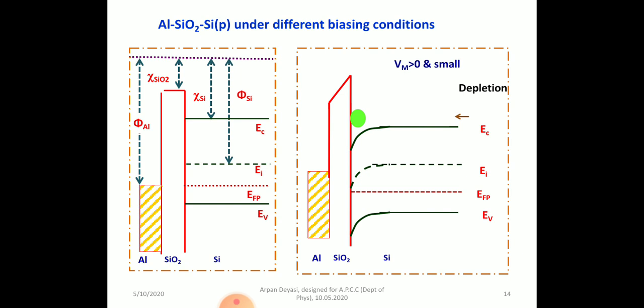I am not showing the animation of the Fermi level because it doesn't matter for our MOS capacitor purpose, but once we go to the other cases, we have to show the Fermi level variations. Now I am mostly dealing with the insulator and semiconductor band diagram. So that's the variation for the depletion condition. Now I will come to the most interesting case, which will be measured with respect to this depletion condition.